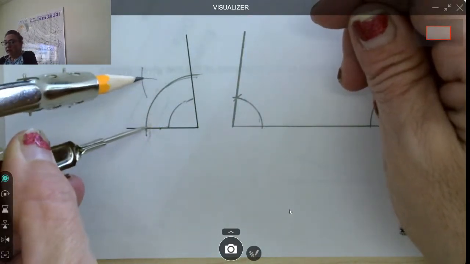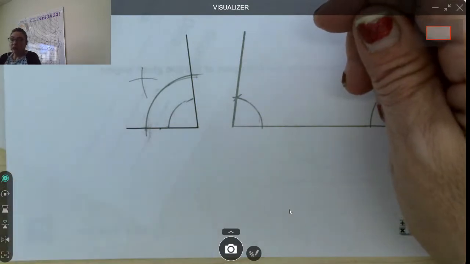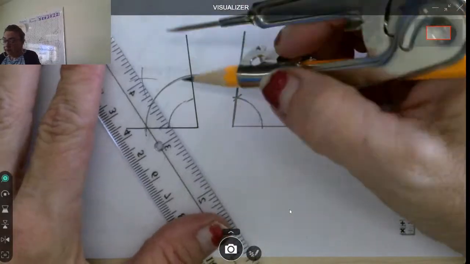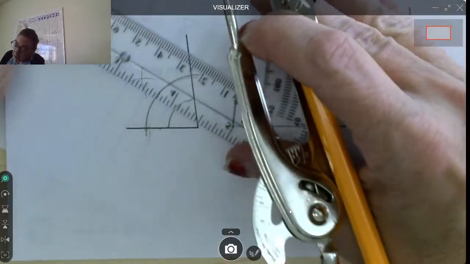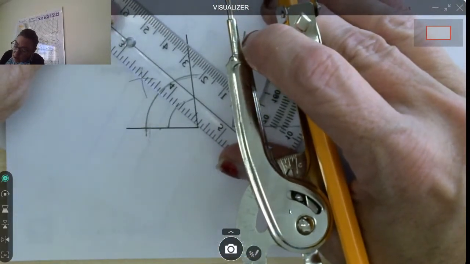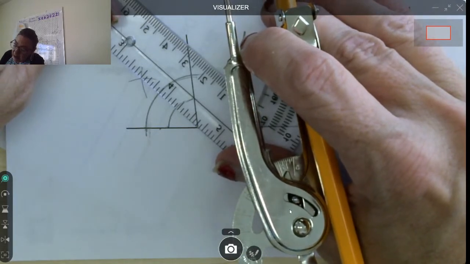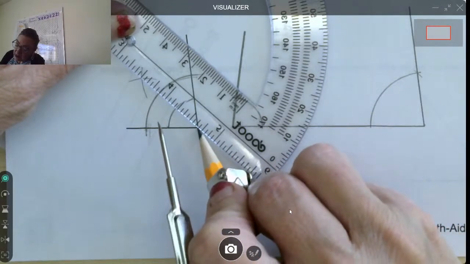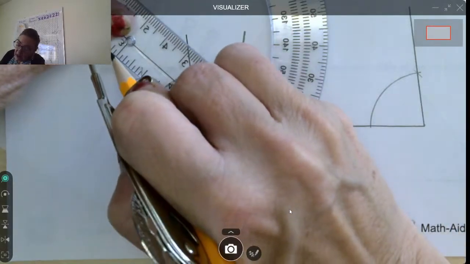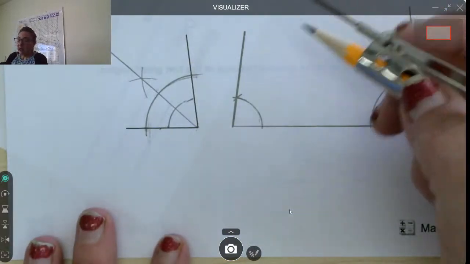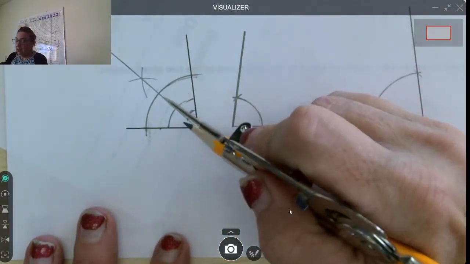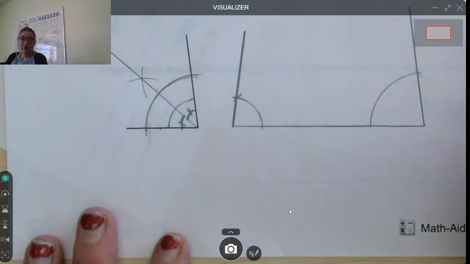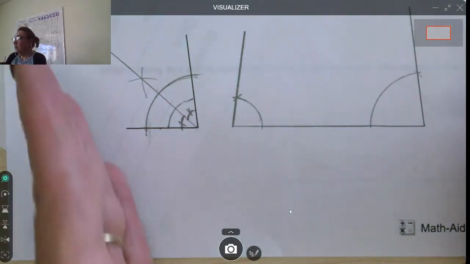Then turn it and make an arc on the inside of our angle that crosses our first one. By doing that, we have made a point that's right dead in the center of our angle, and we can connect the vertex through that point, and that creates an angle bisector. So this and this has to be the same, because it's an angle bisector. It bisects the angle, cuts the angle in half.